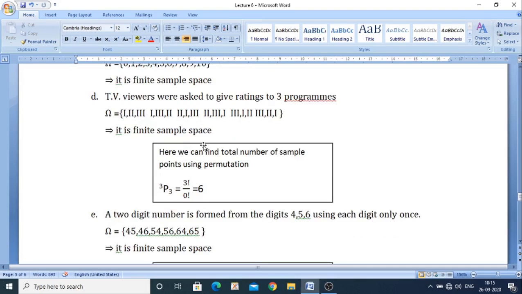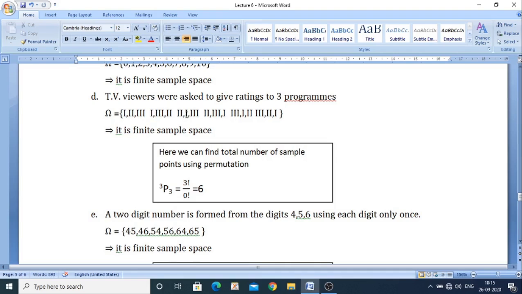Next example is, TV viewers were asked to give ratings to 3 programs, the first, second and third rating. Now we will rate the first program, second program and third program. So first program is rating 1, second program rating 2 and third. I will keep the first rating as it is, 3 and 2.